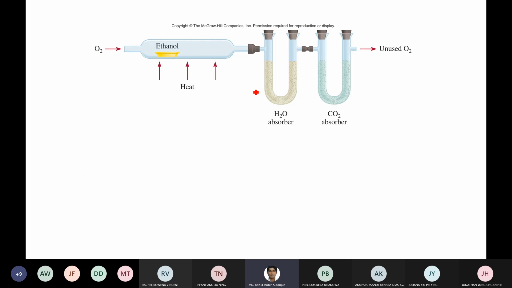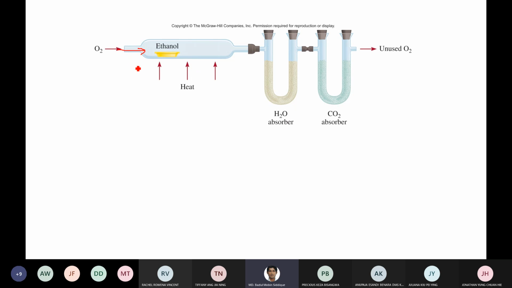Here there is an analytical problem, that ethanol was burnt in the presence of oxygen. All right. In presence of oxygen, ethanol was burnt, and oxygen is channeled into this funnel, ethanol was placed here, and heat is given so that ethanol is burnt.